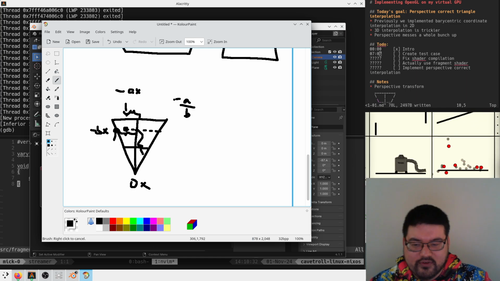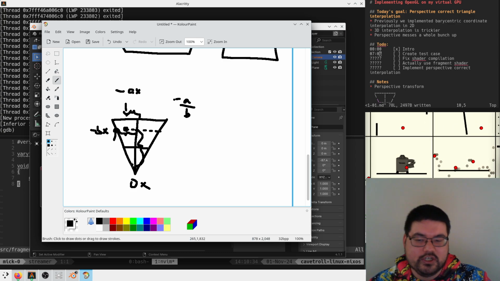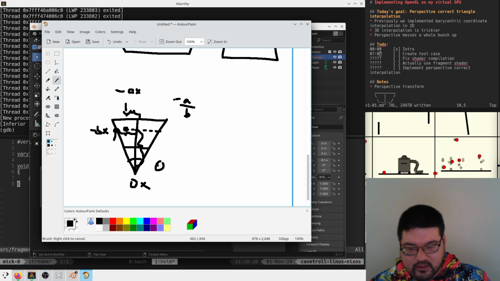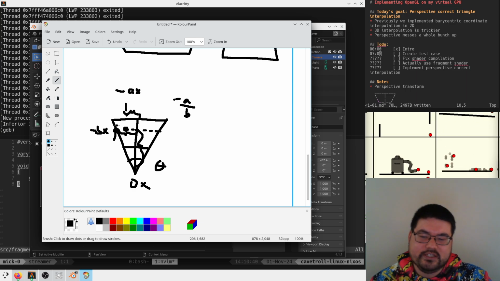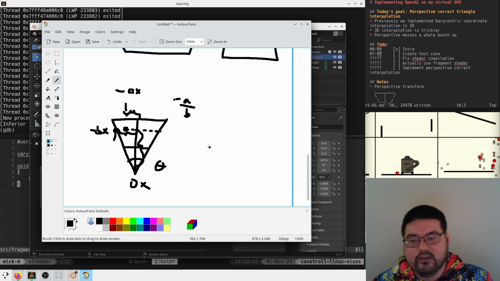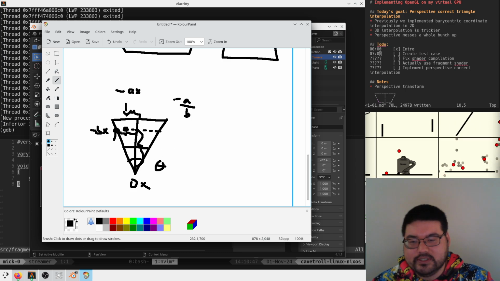You can calculate this pretty easily. If you have this value, which we do, then this is just a little bit of simple trig. This angle is going to be theta, your angle of view. b is calculated by opposite over adjacent.